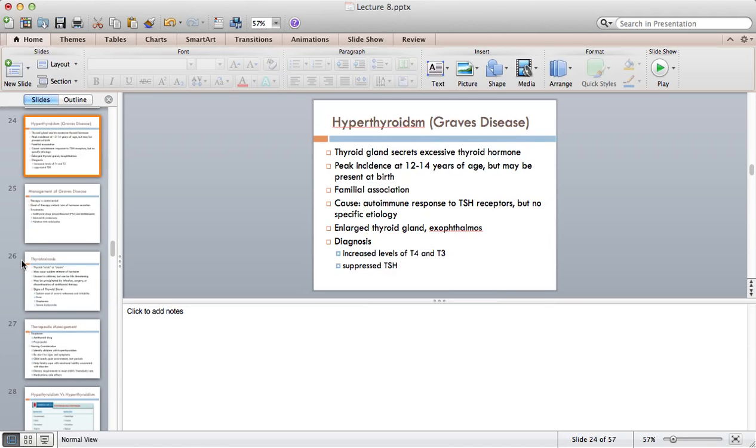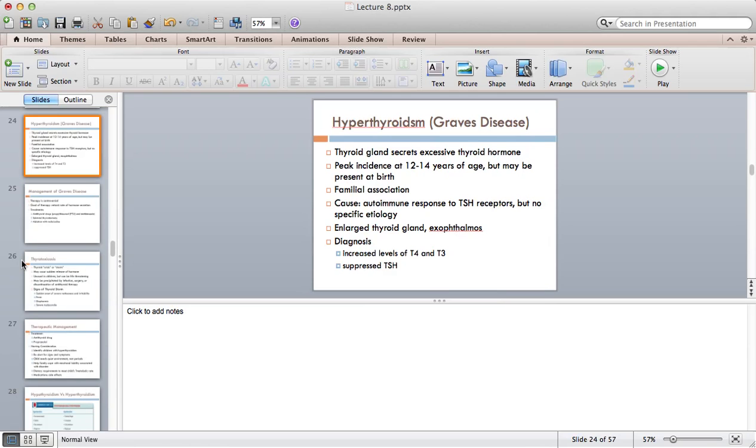It's also an immune response to the thyroid stimulating hormone receptors. But the specific reason that is happening has not been identified. It's still up in the air. But there is an enlargement of the thyroid gland.